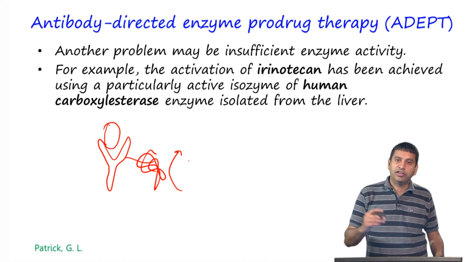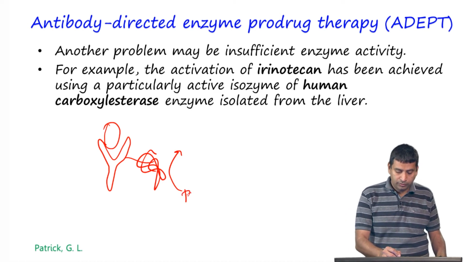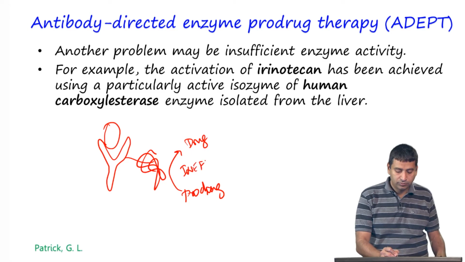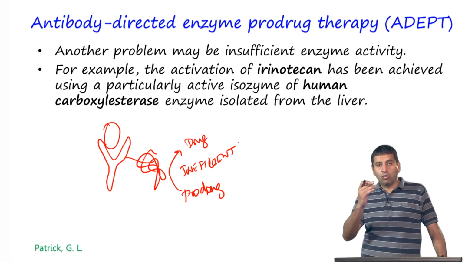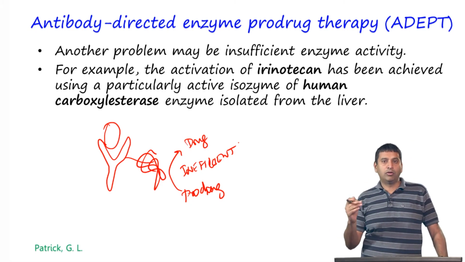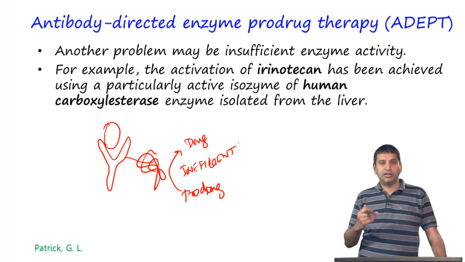If the enzyme is not very active, then the prodrug will not get efficiently converted to the drug. So, this becomes a problem, and therefore, we would need to vary the enzyme isoform, so that we can have the active isozyme of the enzyme, so that we can improve the conversion.